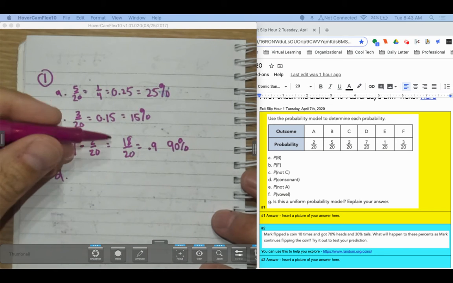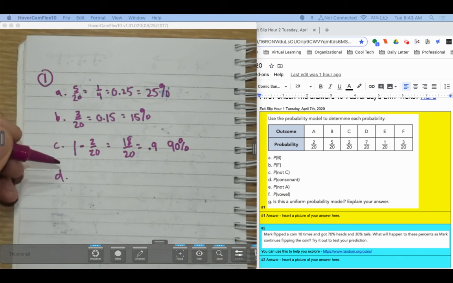All right, continuing on. D says, what is the probability if it's a consonant? So that is not the vowels.